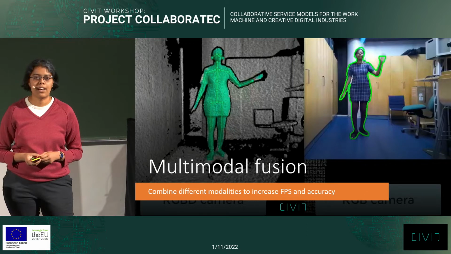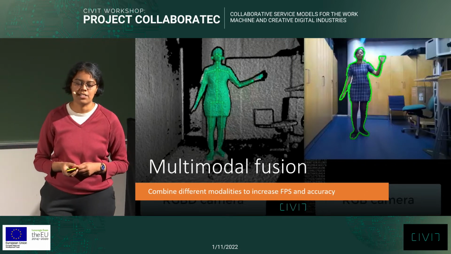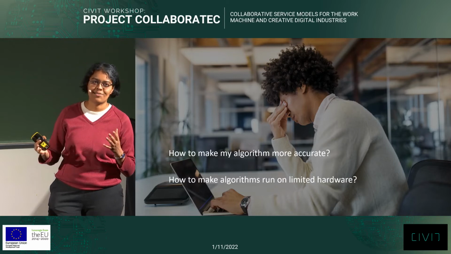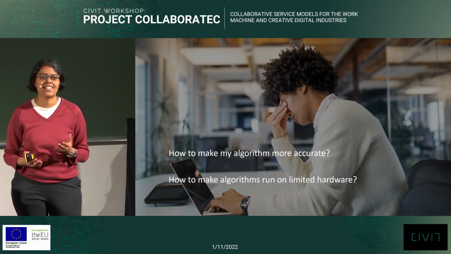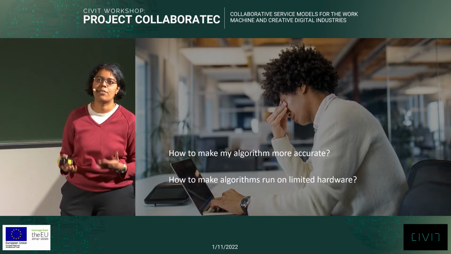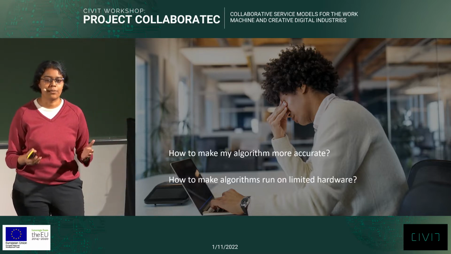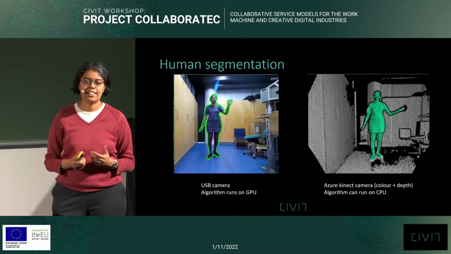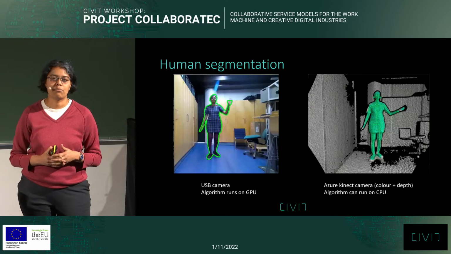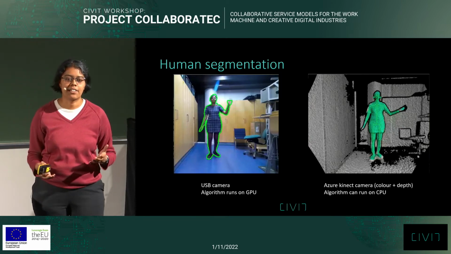Another demo that we have for heavy machinery is multimodal fusion. Some of the problems that we face as engineers and software developers are how to make the algorithms faster, or how to make them run on hardware. One idea is to combine different modalities and make the system robust to different scenarios.